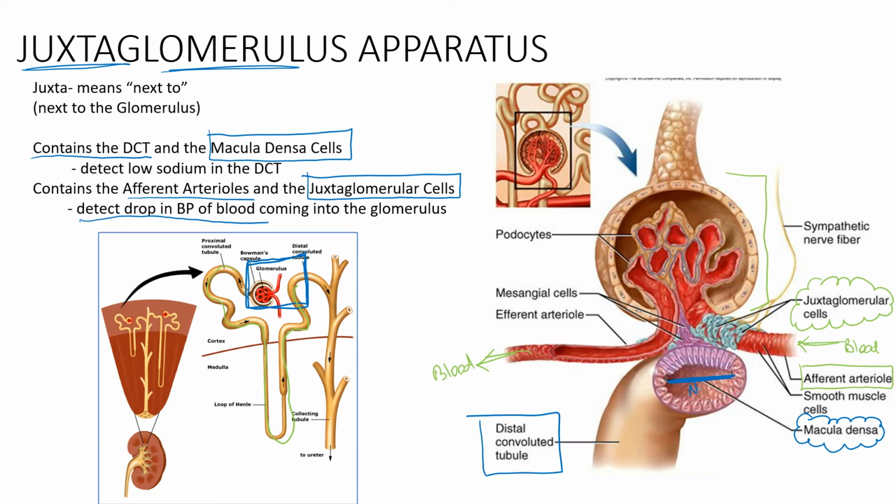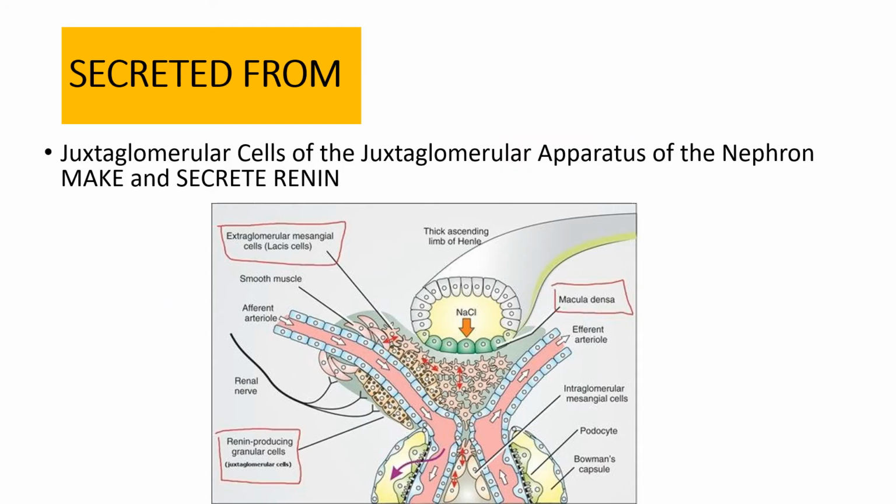So sodium ions are going to be passing through that distal convoluted tubule on their way out in the form of urine. And if there's just not enough sodium ions present in that distal convoluted tubule, the macula densa cells will pick up on that and trigger the release of renin. So just a little background of what's going on here.